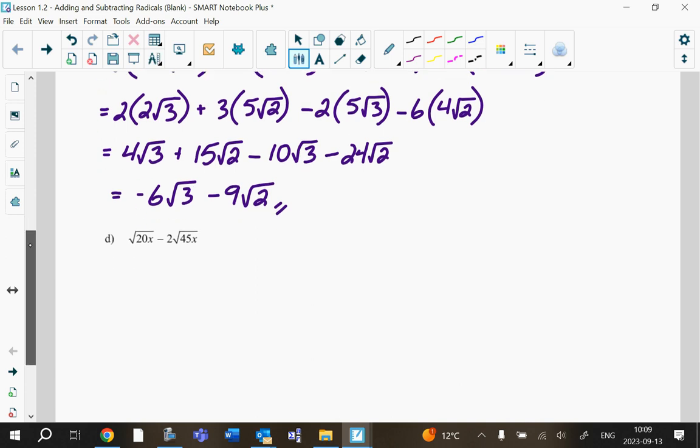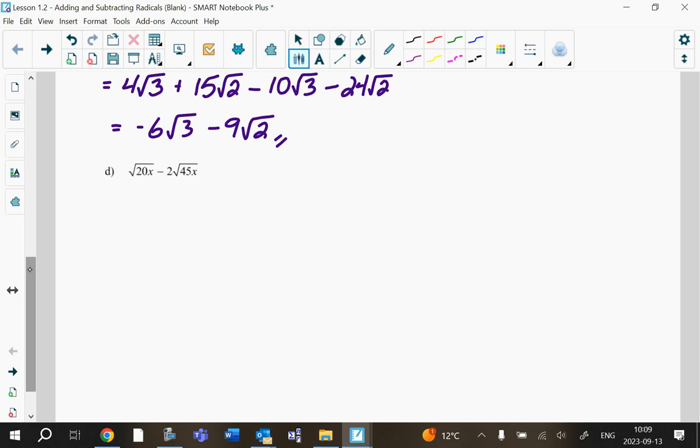Okay, this one. Well, we can't combine them right now. But we did learn to do in the last lesson when we had a number times a variable inside. Split.